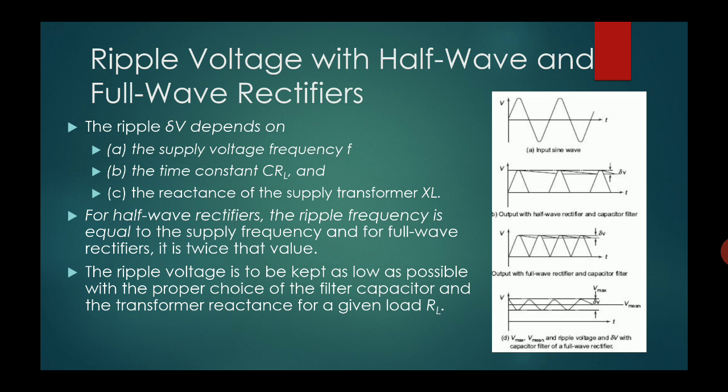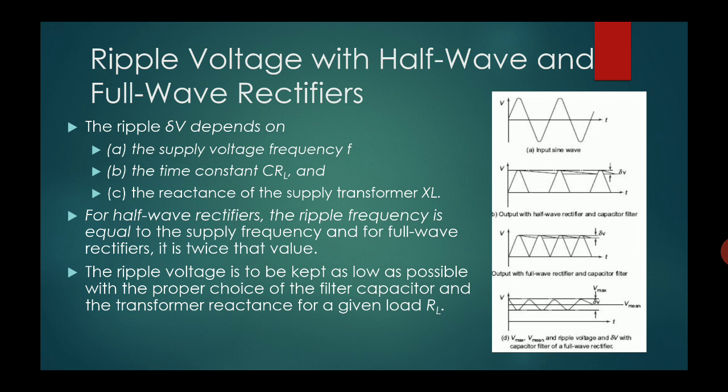So for a half wave rectifier, the ripple frequency is equal to the supply frequency, and for the full wave rectifier it is twice that value. Okay. The ripple voltage is to be kept as low as possible with the proper choice of filter capacitor and transformer reactance for a given load RL.